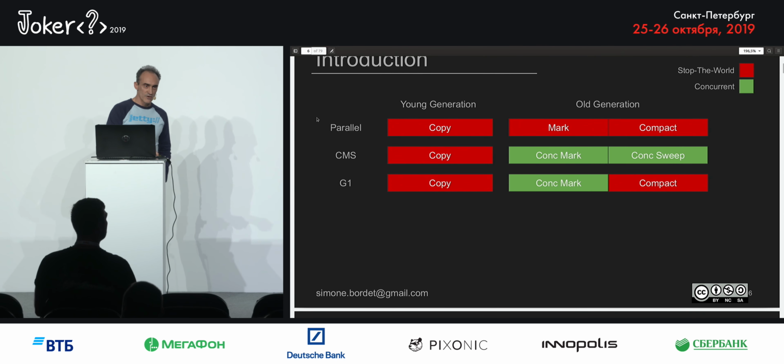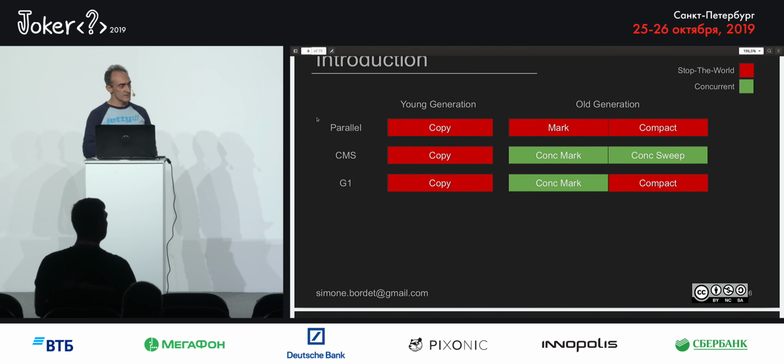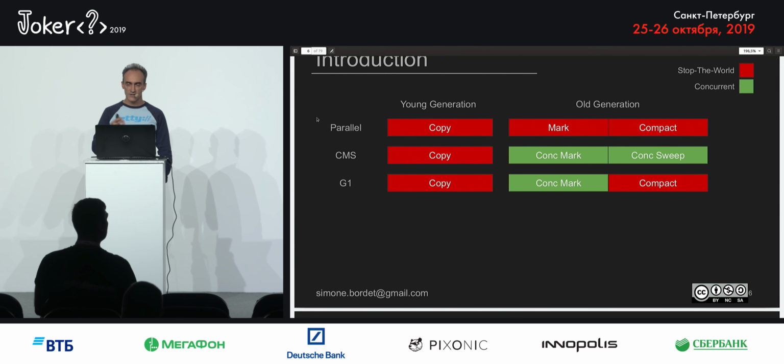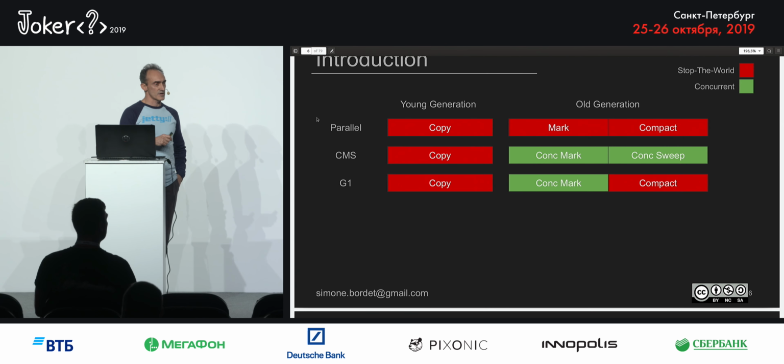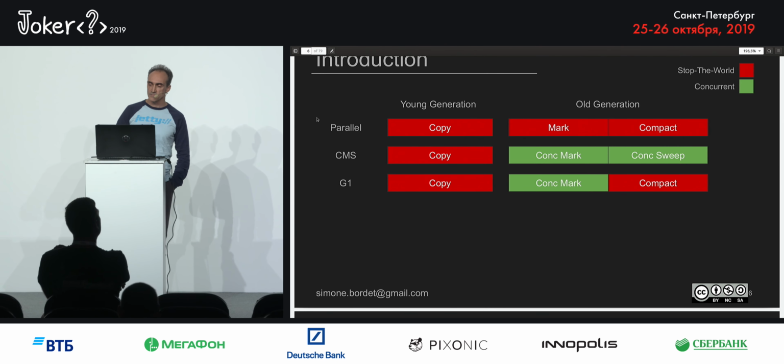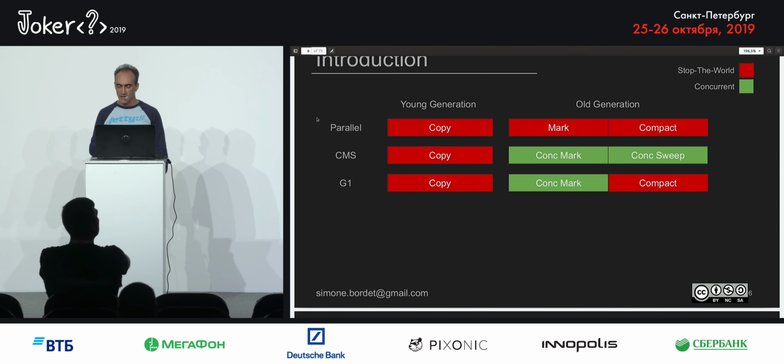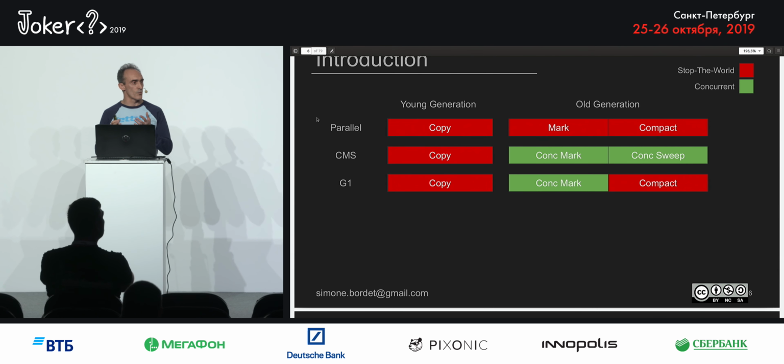In order to solve the fragmentation problem, another garbage collector has been introduced. It's called Garbage First, G1. It also works on two generations, and it still does the young generation as a stop the world algorithm. The old generation algorithm is a mix of things.